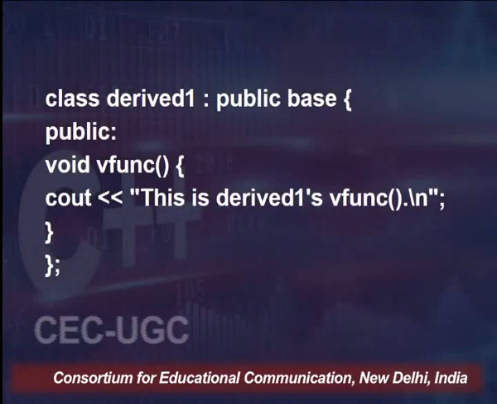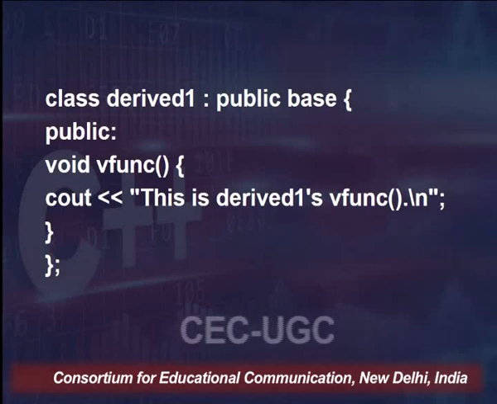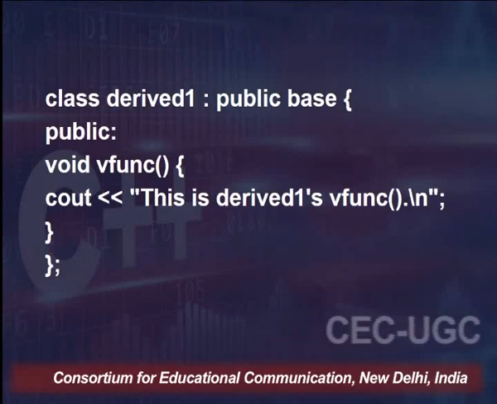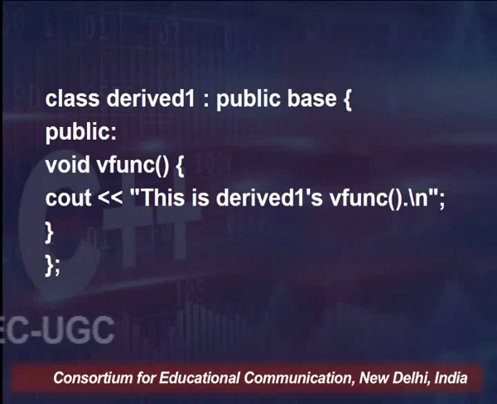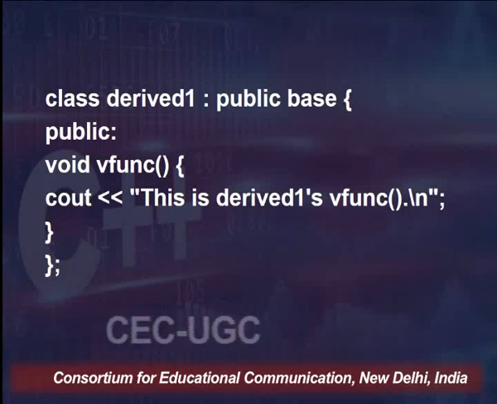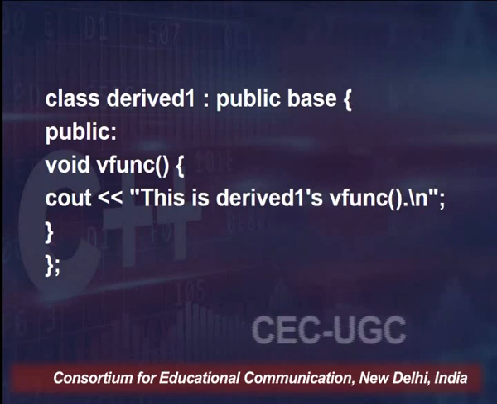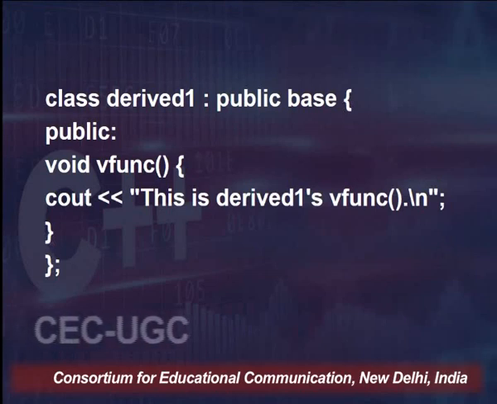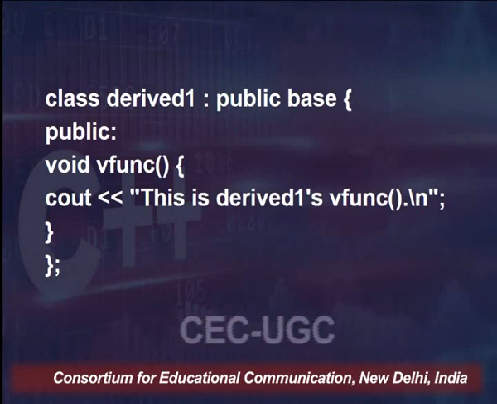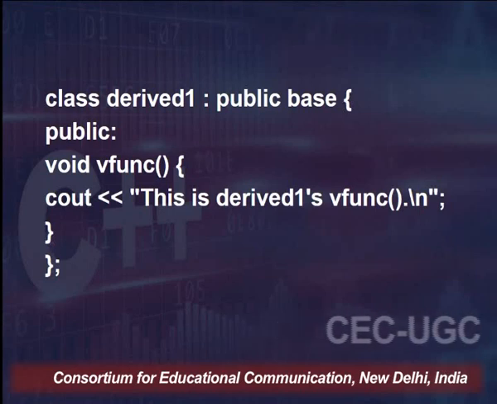Now, we have one class which is derived1. It is inheriting the class base in the public manner, and within the public section it is redefining the function vfunc, that is the virtual function defined inside the base, and it is printing with cout, "This is derived1's vfunc".